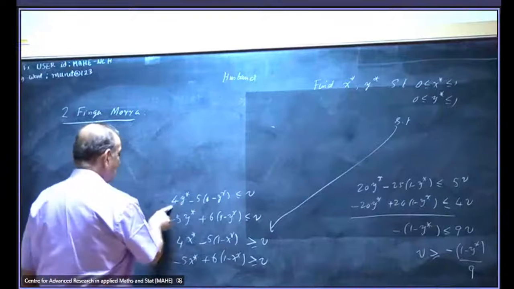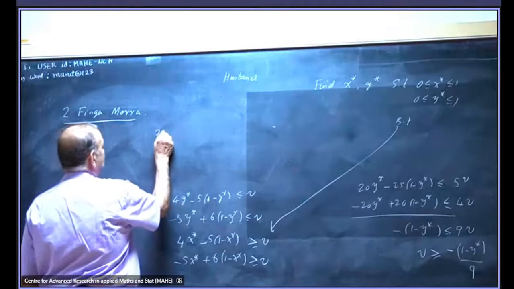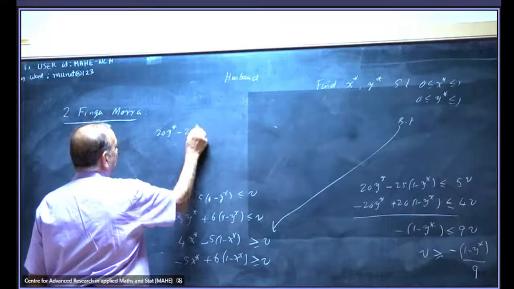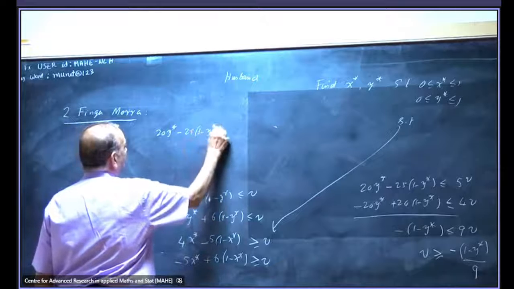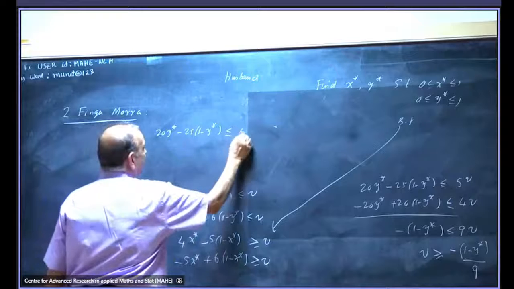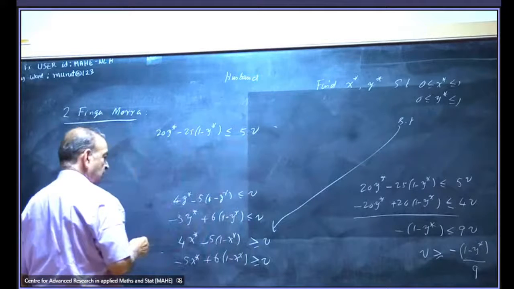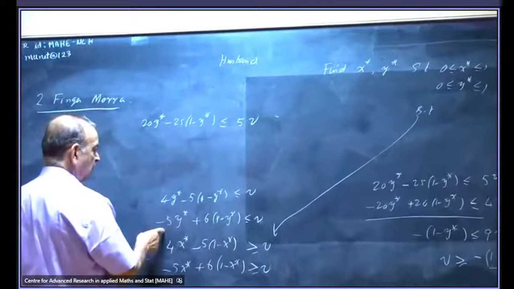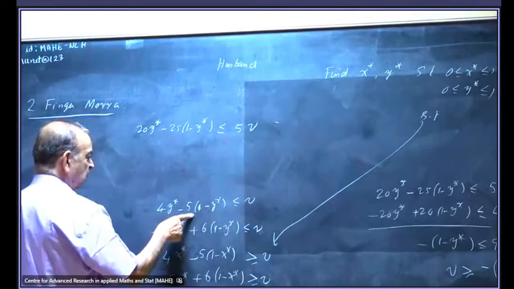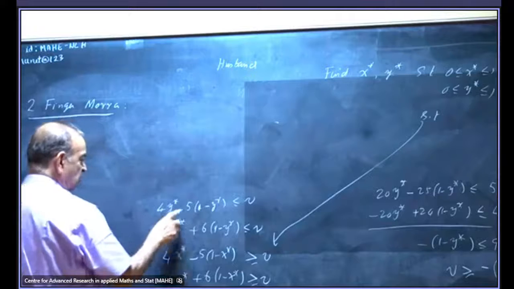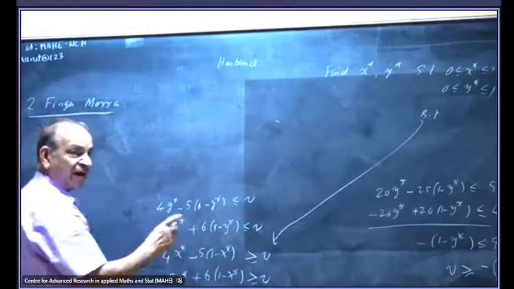If I multiply this by 5, I get 20y star minus 25 times 1 minus y star is less than or equal to 5b. Now I multiply this by 6 and this by 5.